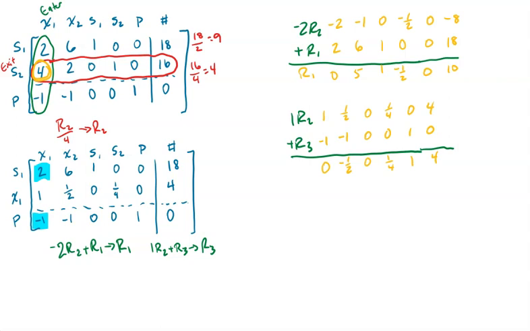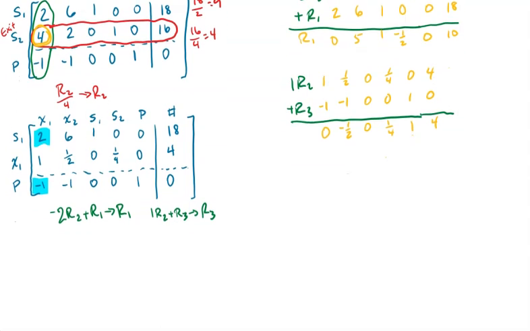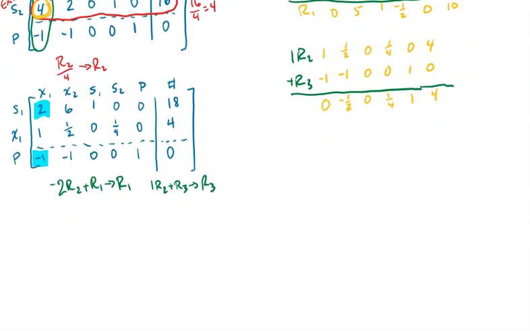Okay, so let's go ahead and put these into our next tableau. So again, as always, let's go ahead and put all of the variables up top first. We didn't have a new pivot, so our labels on the left are staying the exact same.